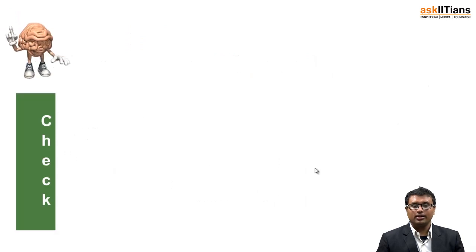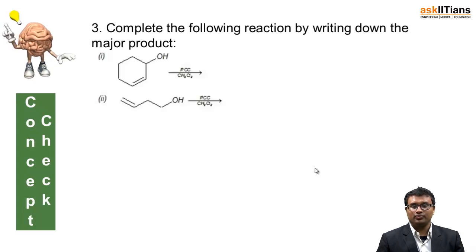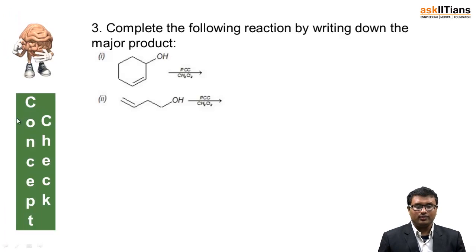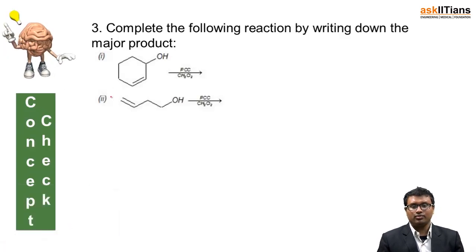And this is a concept check for all the techniques we have discussed to prepare an aldehyde or ketone from different organic compounds. Just complete the following reaction by writing the major product. What do you think will be the major product formed in this process?